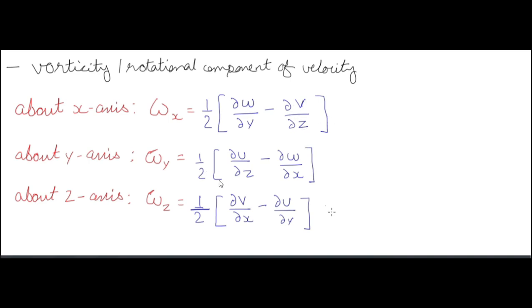Omega y is equal to half into (partial differentiation of u with respect to z minus partial differentiation of w with respect to y). Similarly about z, omega z is equal to 1 by 2 into (dou v by dou x minus dou u by dou y).